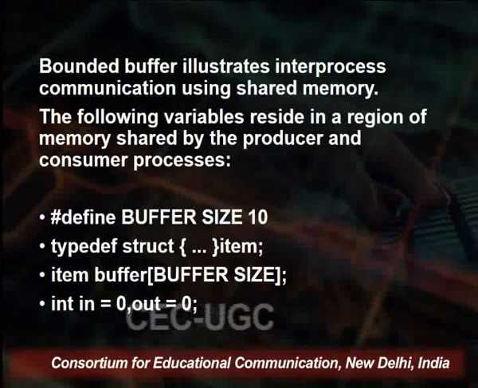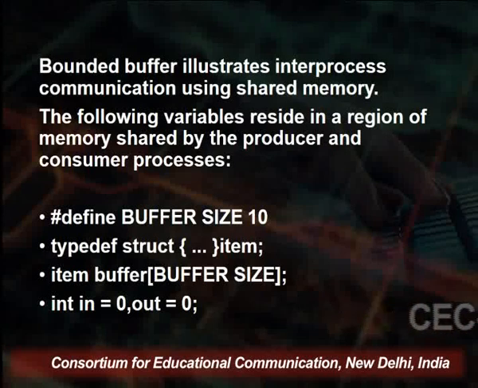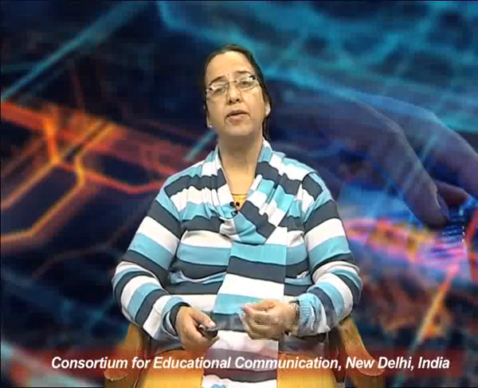Now, what kind of variables and data will be required in the implementation of this inter-process communication? One is, as we have seen, the buffer size, because we are talking about the bounded buffer problem.